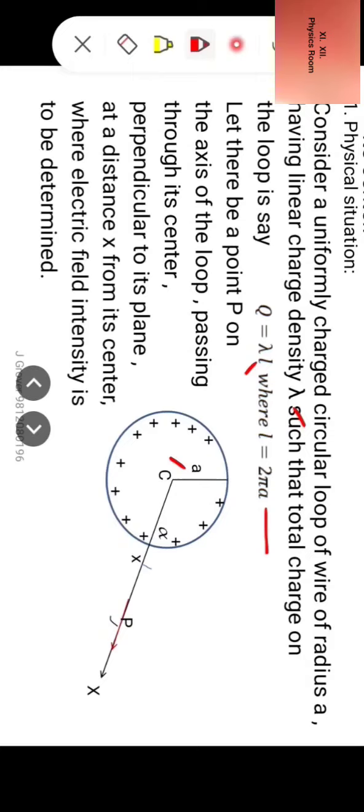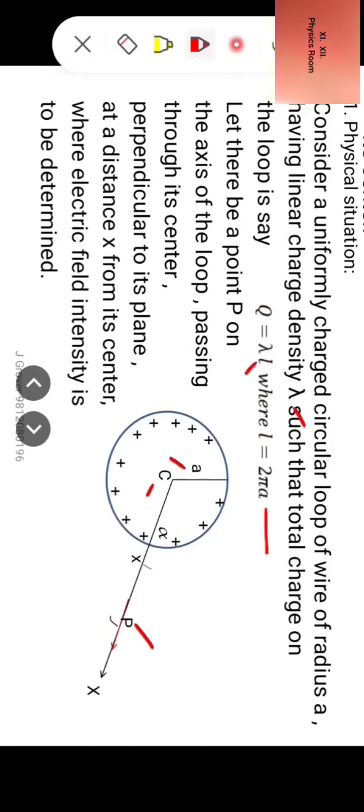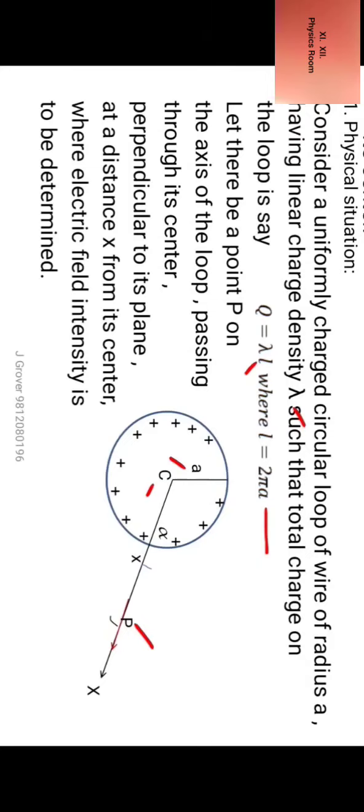Let there be a point P on the axis of the loop passing through its center C, perpendicular to its plane, at a distance x from its center, where electric field intensity is to be determined. So it is a point P where we are to determine electric field intensity.